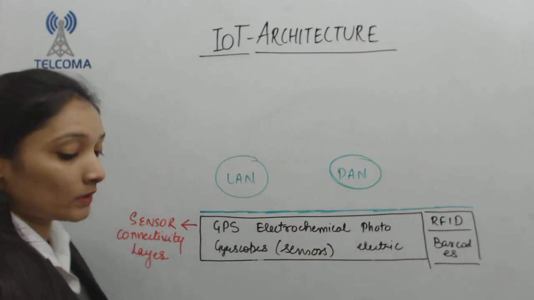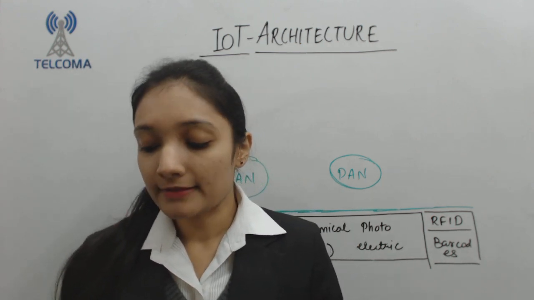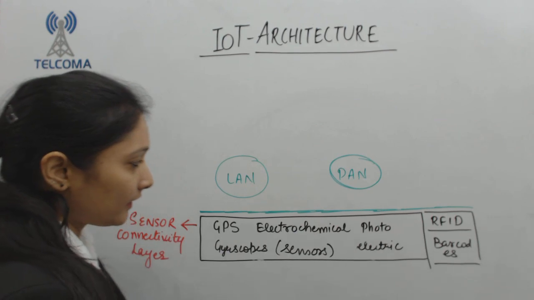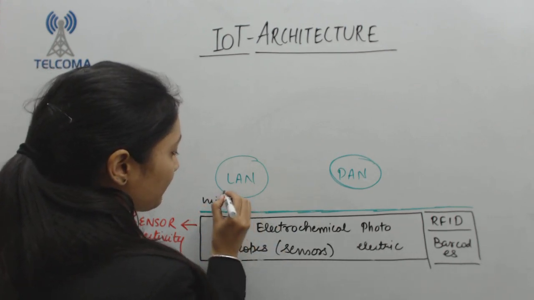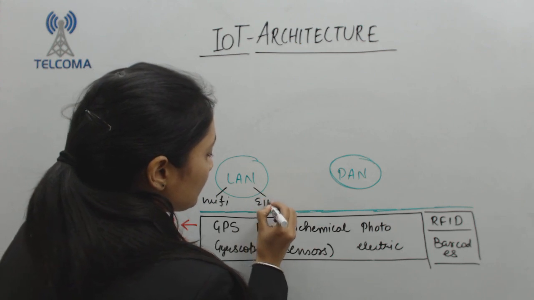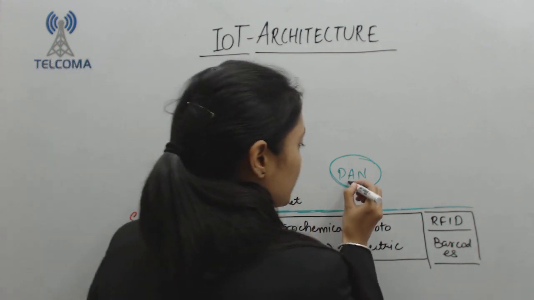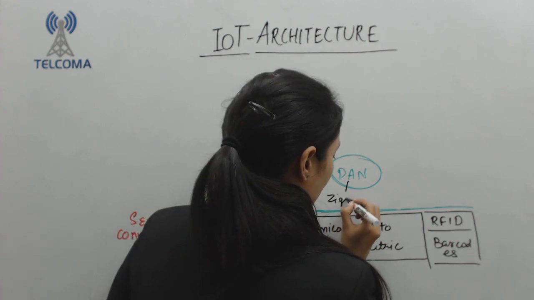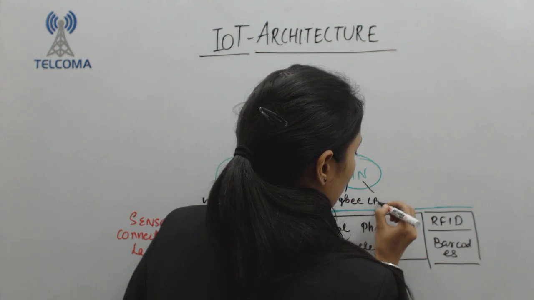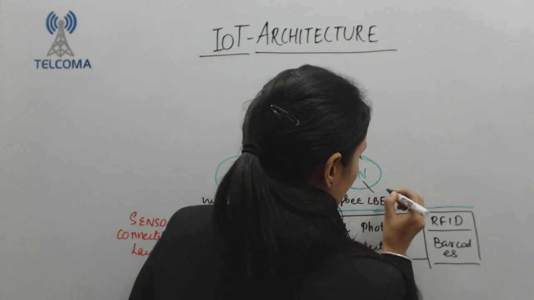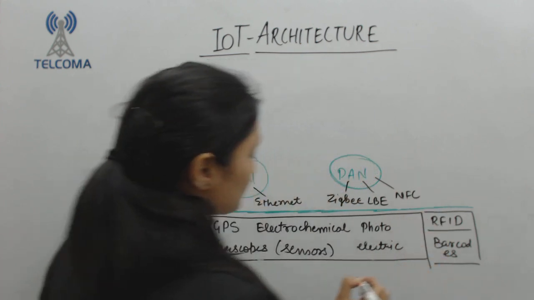Now, different technologies will be used under these access technologies here. Like it can use Wi-Fi and Ethernet, and it will use technologies like Zigbee, Bluetooth Low Energy, and near field communication.